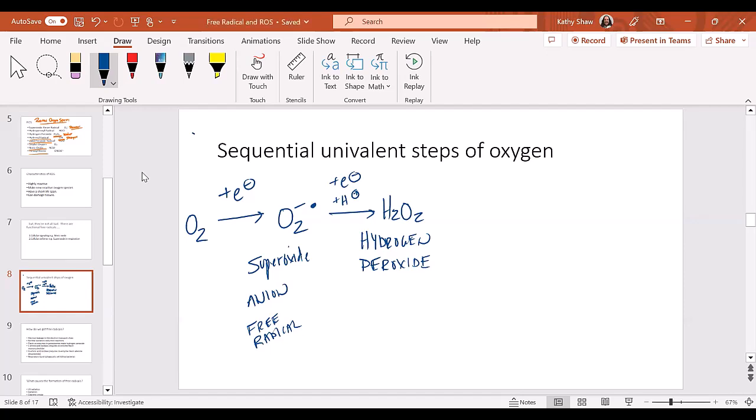Then we can add another electron. Should have had a 2 there, I'm sorry. We can add another electron. Now we get that hydroxyl radical that we kind of don't like, and we'll talk about what it's going to do. We also get a water, so that's okay. So this is our hydroxyl radical.